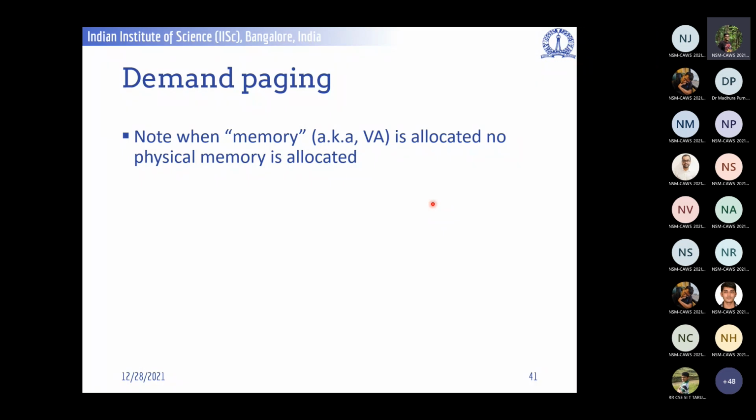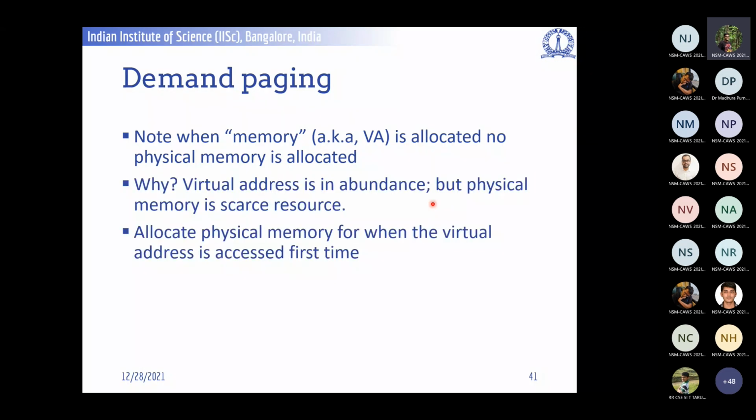That's it. Now, why don't you allocate the physical memory immediately? It is from the observation that applications often allocate a lot of memory, quote unquote, which becomes virtual addresses, but they do not necessarily use it. That would be a wastage of physical memory. The DRAM size is constant: a few gigabytes to a few hundred gigabytes, or in a server at most a few terabytes.